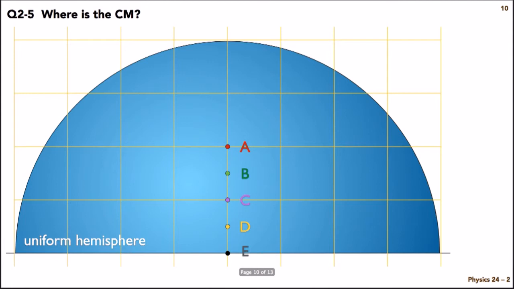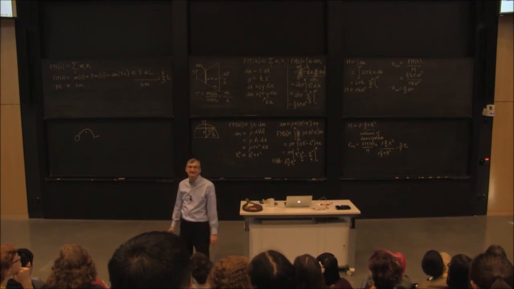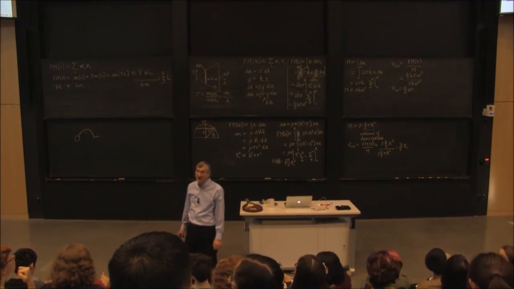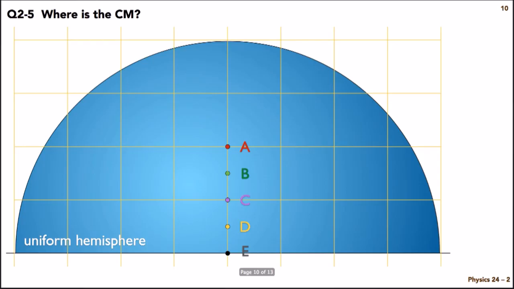Halfway up, it's about A. No, halfway up. The correct answer here is B. Surprised? 3/8 of the way up.